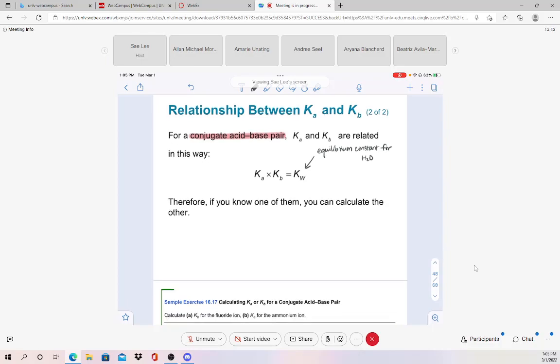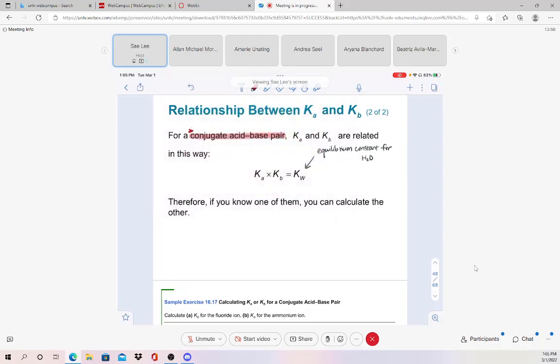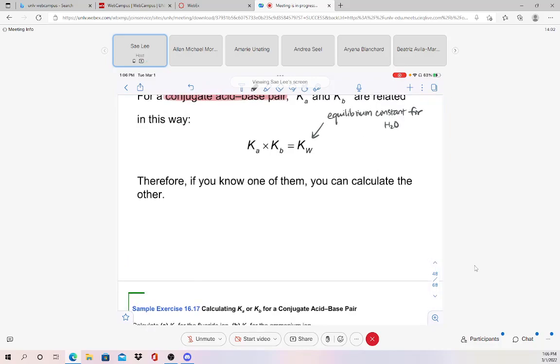Please note that not any acid or base combination will give this, okay? Only a conjugate acid-base pair. I'm going to put a star here. For example, consider this conjugate acid-base pair, ammonia and ammonium.